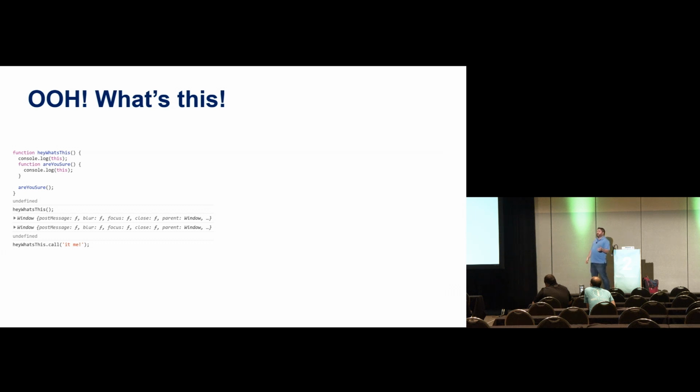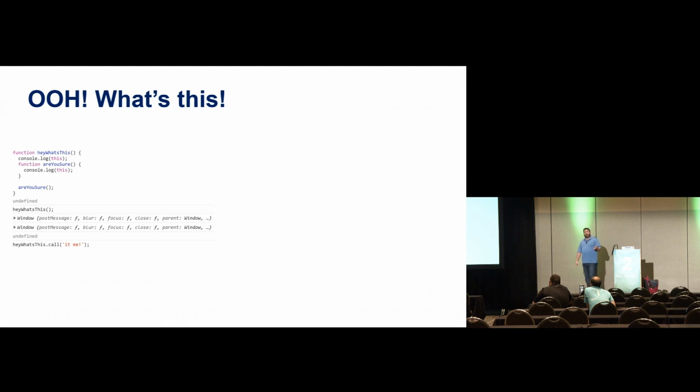So when I call hey, what's this? and use .call, that means that I'm setting this inside of that function to be whatever I put here. So in this case, it's a string. So I personally would expect that on the first line, the first console log, I would expect to see the string it me, okay?